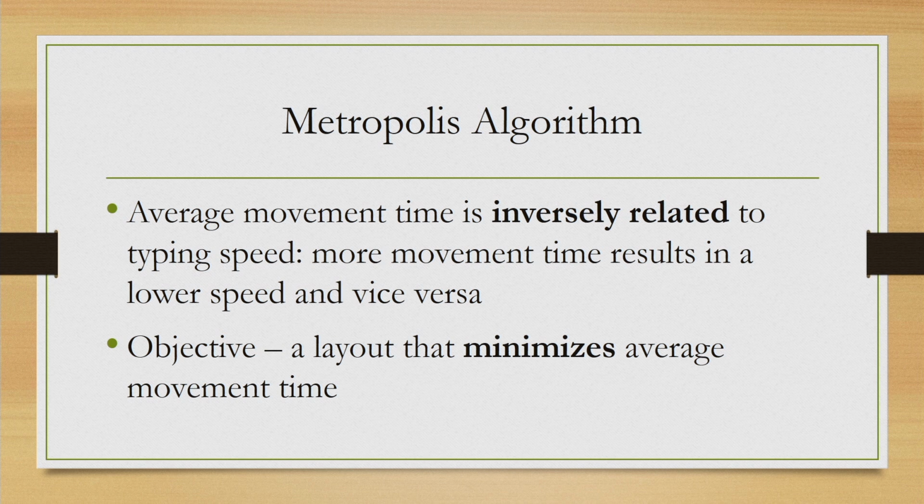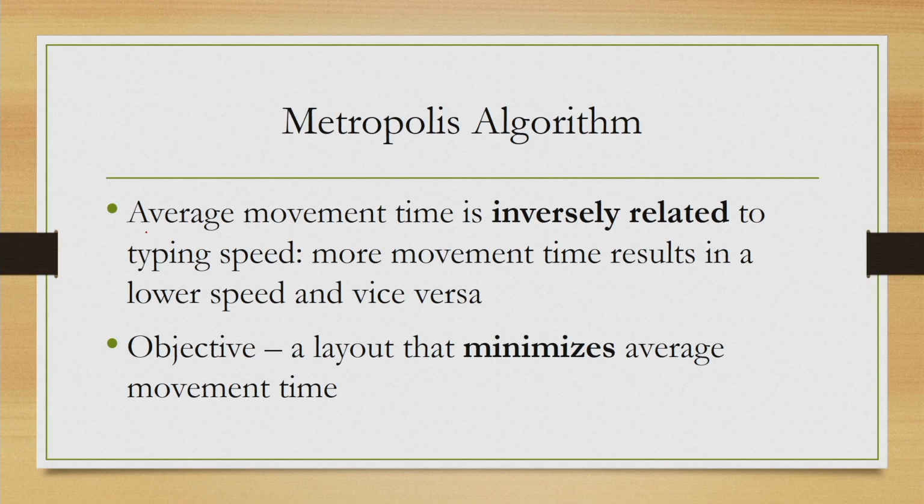Essentially, the algorithm assumes that we have a keyboard layout which has a specific energy state, and the algorithm tries to find another layout which has a lesser energy state. From a higher energy state, the algorithm tries to take the keyboard system to a lower energy state, and the way energy is defined, the keyboard with lower energy state will have lower movement time. Now, as we know, the average movement time is inversely related to typing speed.